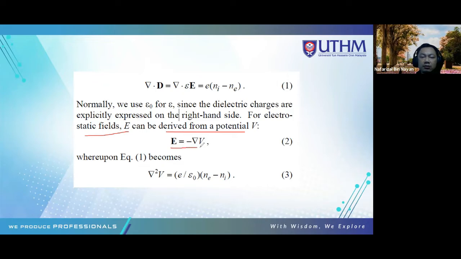So E equals the gradient of this voltage potential. Then we can substitute this into the equations. Thus, the divergence of V is equal to the difference between the electron and the ion densities here. That's how we get equation 2.